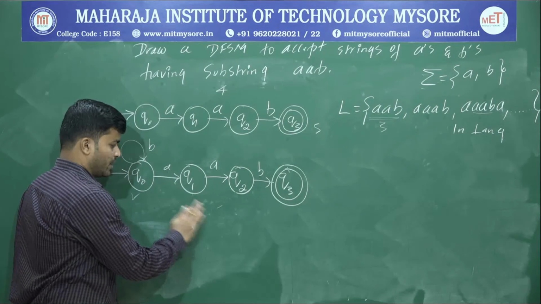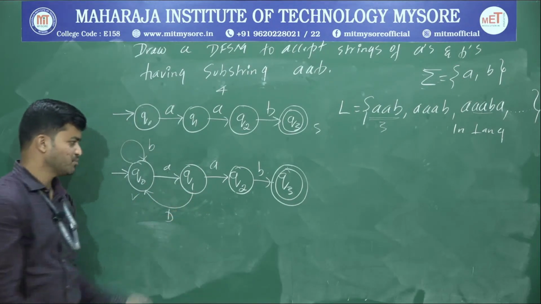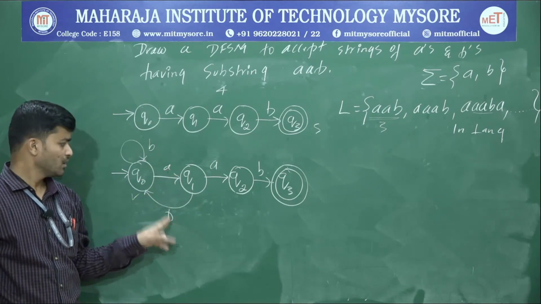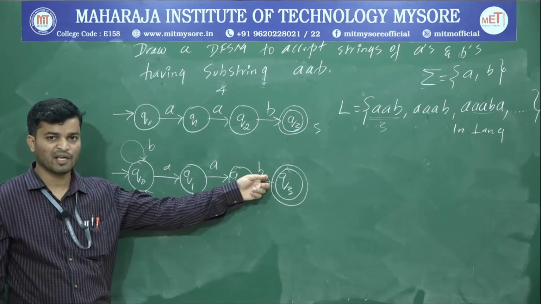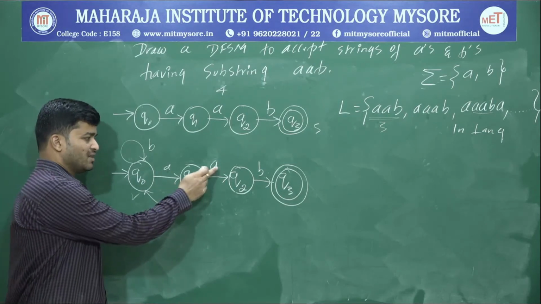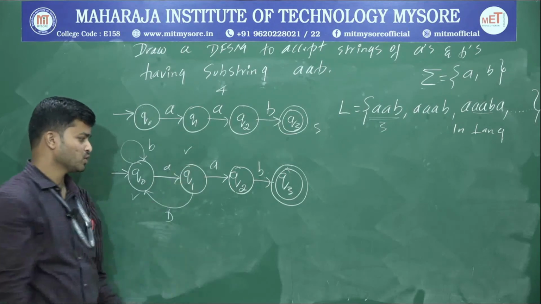Connecting to Q0 upon B is a valid option. Just observe here: I will get n number of B's, A, then B, and before going to the accepting state, it will accept AAB. So having the substring AAB, that's a valid option. So Q1 is also over, because there is a path for A and there is a path for B.